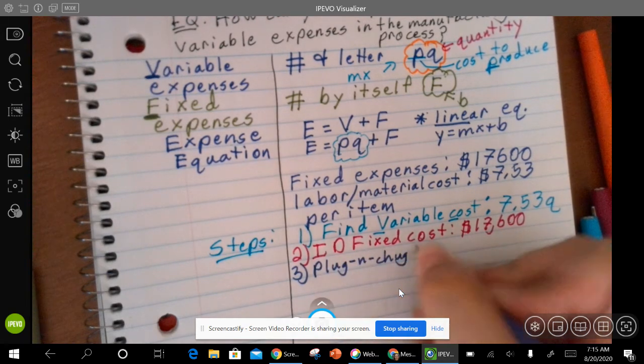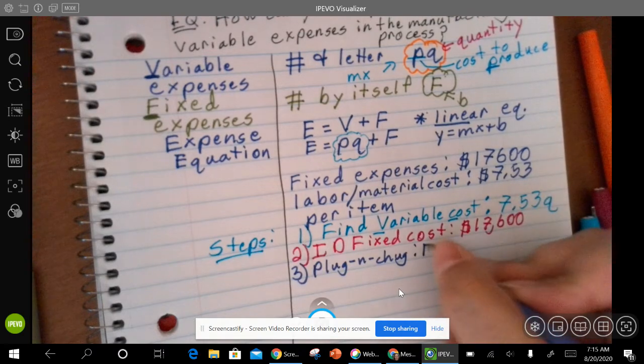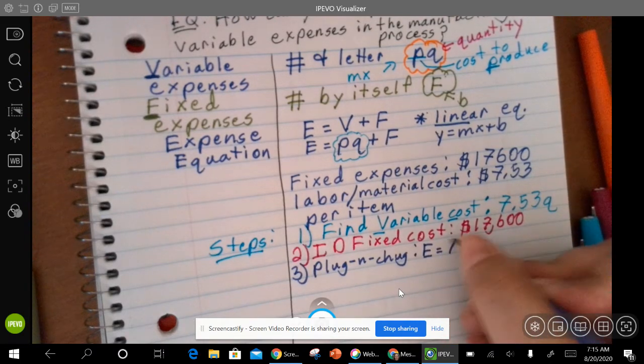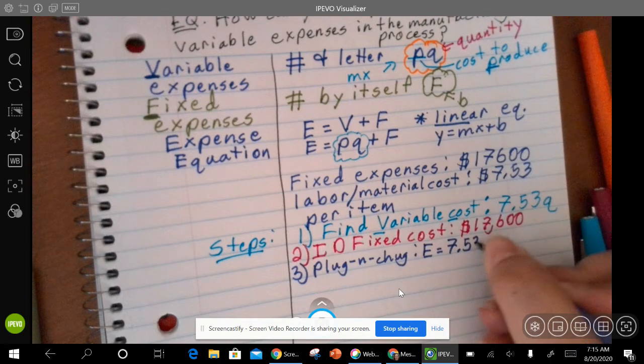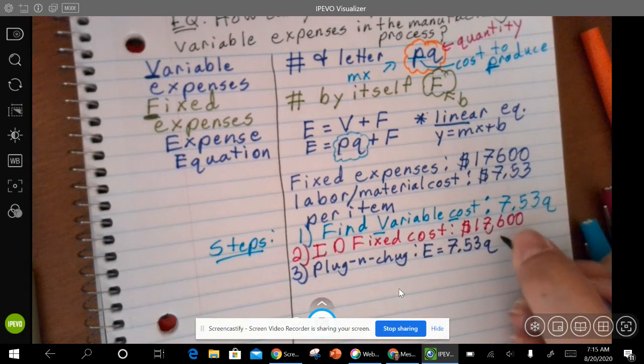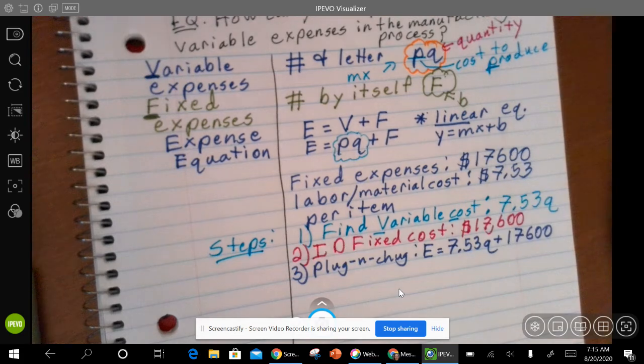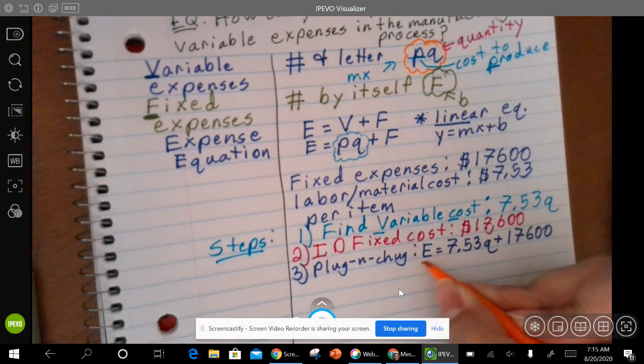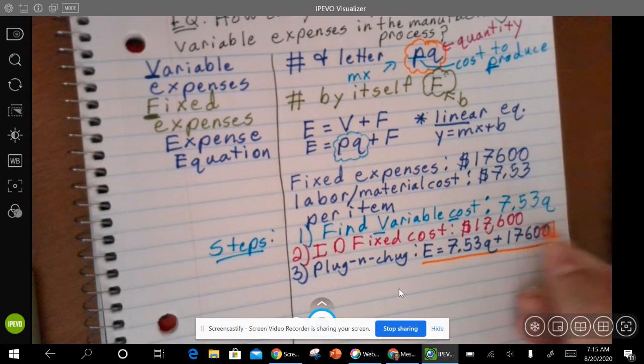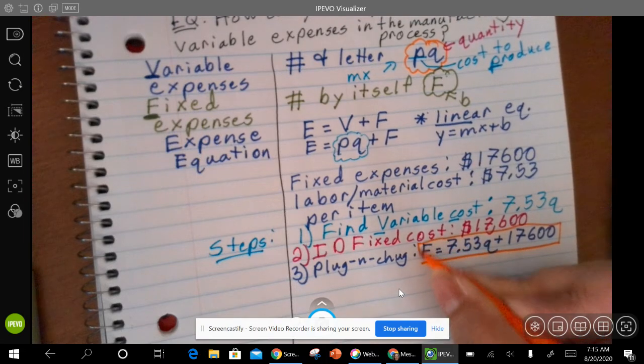The expense equation is going to equal $7.53 times the quantity plus 17,600. And that is our expense equation in terms of the quantity.